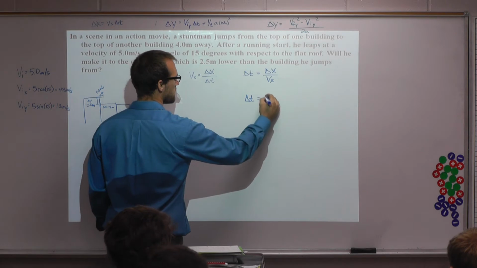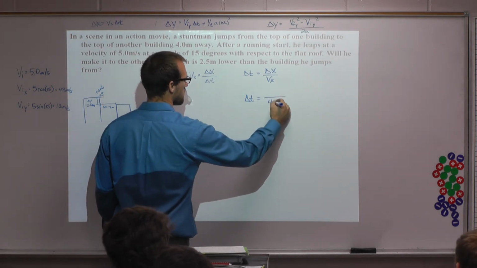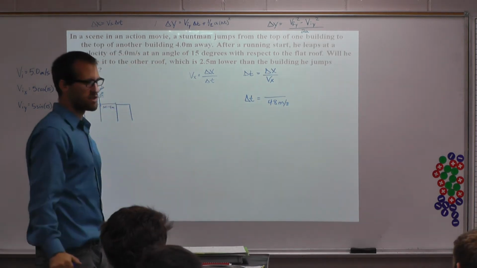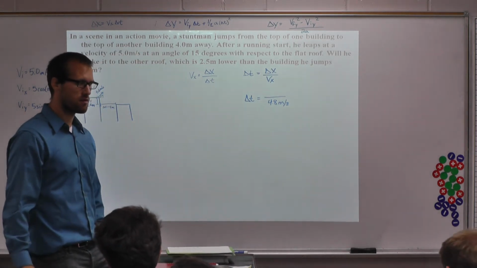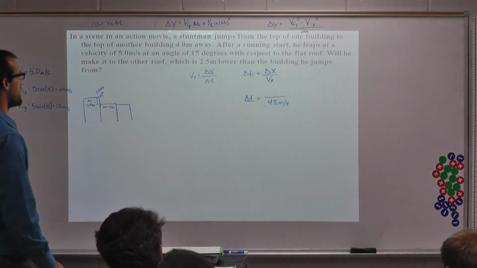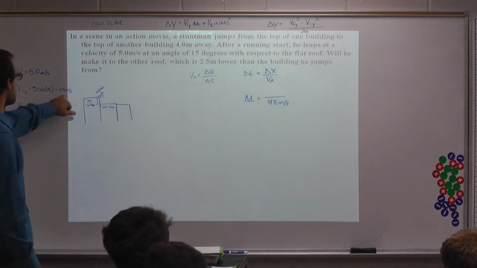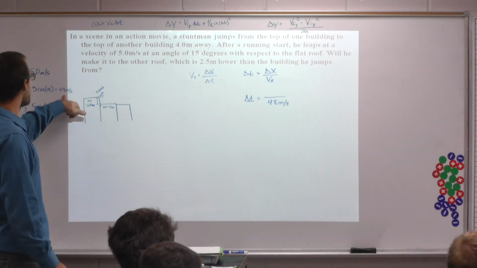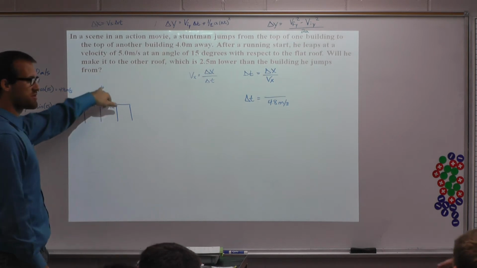Yeah, it's 4.8. Why couldn't we use this equation on the last problem? We didn't know the VIX. It's VI. Yeah, we would use it. No, that's not it. We're not shooting straight horizontal.